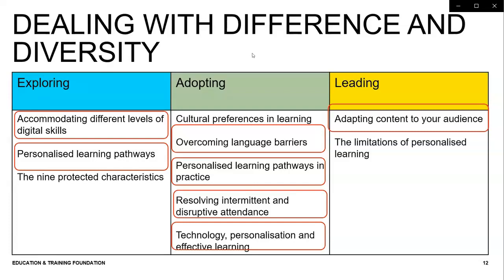Thank you, Alistair. Okay, so as I was saying, on the dealing with difference and diversity modules, we also have highlighted some thinking about the pathways through your learning materials is going to be important. So if you're using virtual learning environments such as Moodle, you might want to use conditional statements, for example, to guide learners through a specific route.